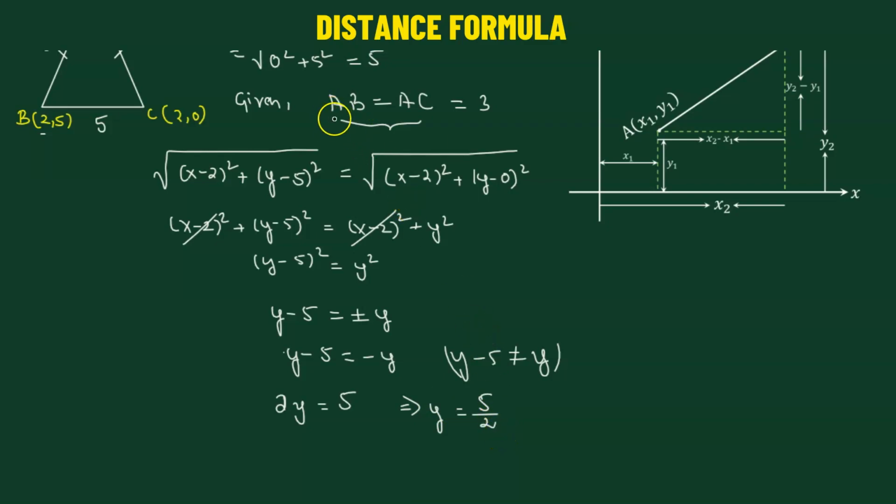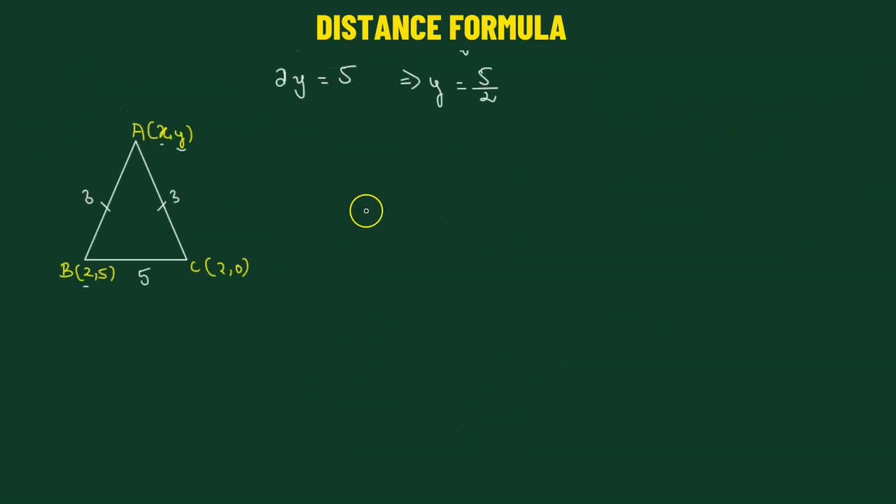For that, again, we'll be using the fact that AB equals 3 units. So let's find out the value of AB. AB will be equal to square root of, we've already obtained this value, (x minus 2) whole squared plus (y minus 5) whole squared, and this length is equal to 3 units.